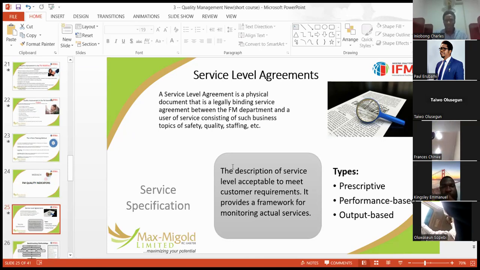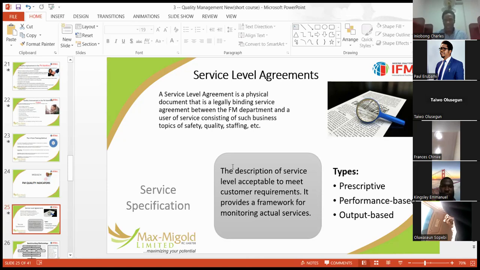So there are so many things in the document that you must abide by. Now, like I said, there are 3 types of SLA. We have the prescriptive SLA, the performance-based SLA, and the output SLA.